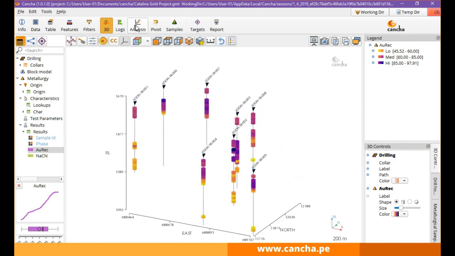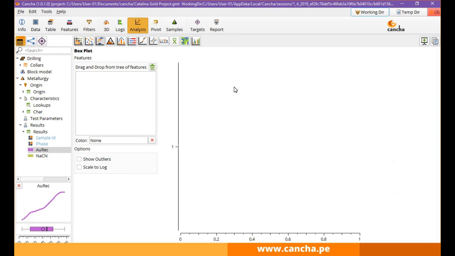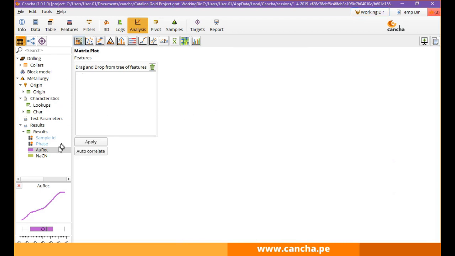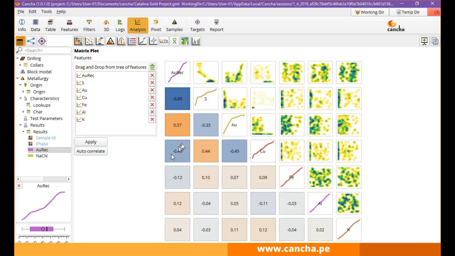So what do we typically do? We might go to analysis, and the old way of doing this sort of work, you might say, okay, show me gold recovery. Let's autocorrelate that, and we can see very quickly that we've got a negative correlation with sulfur, a slightly positive correlation with the gold grade, a slightly negative correlation with the copper grade.